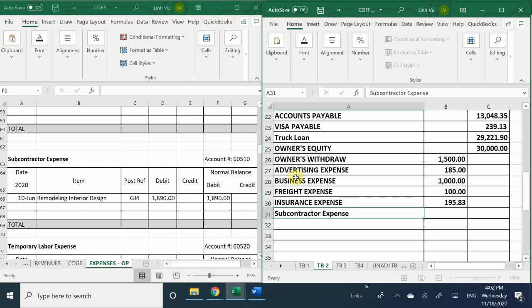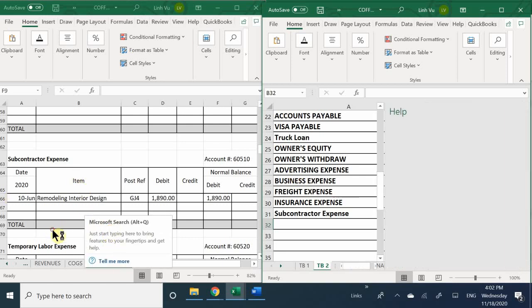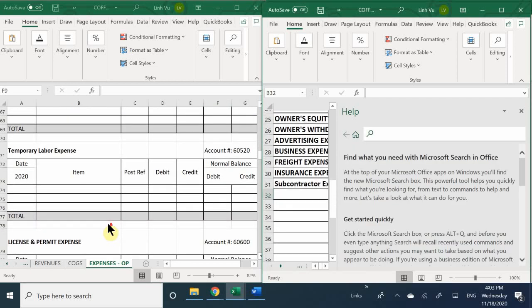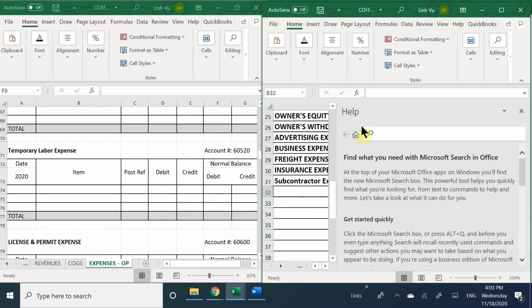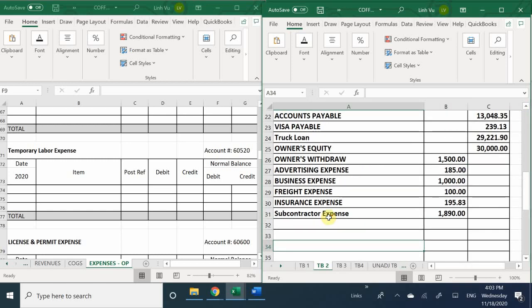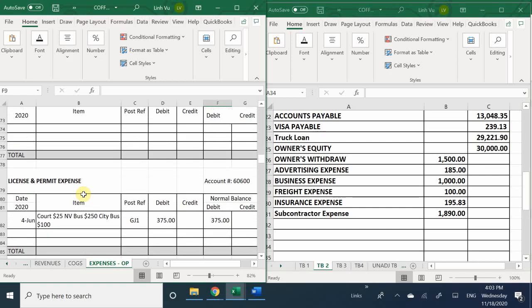And that was for how much? $1,890. Okay, so again, when we pay our hired temps people, we're going to put that in temporary labor expense.